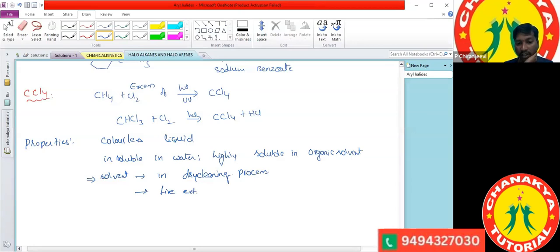Whenever you are exposed to carbon tetrachloride, if it is in low concentration, meaning a small amount in the atmospheric air, it generally causes dizziness, headache, and a vomiting sensation.